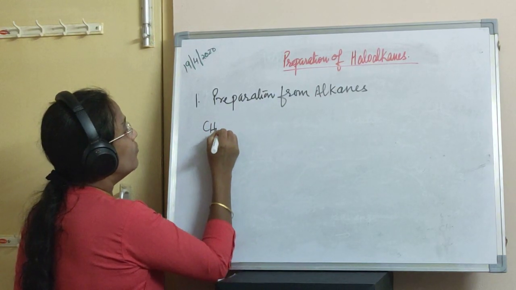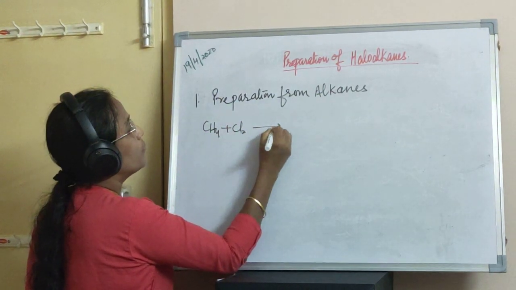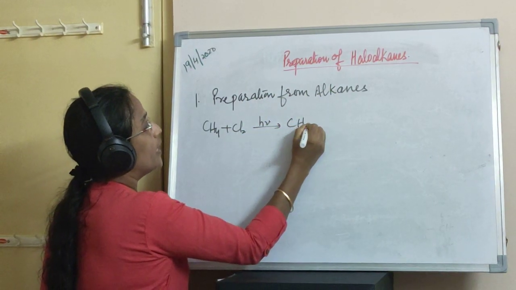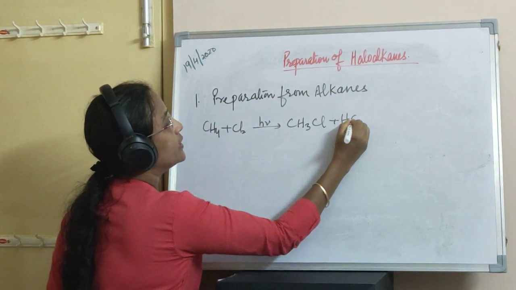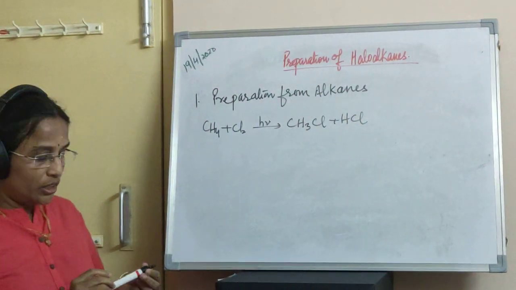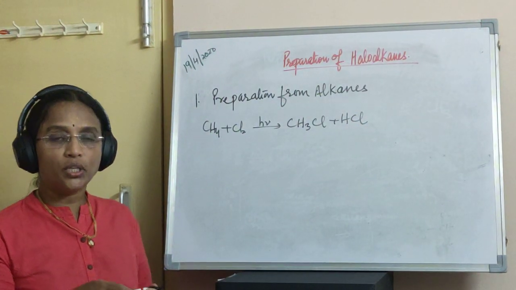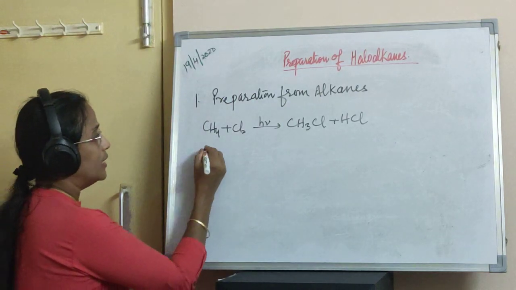For example, when methane is chlorinated in presence of sunlight, we get methyl chloride and HCl. It's a substitution reaction, and we know that substitution reactions are peculiar reactions of alkanes.